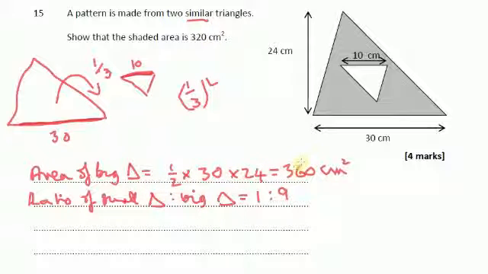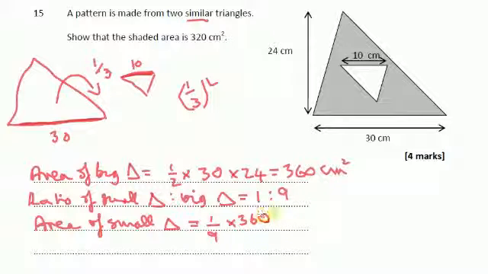So now we can get the area of the small one. It's going to be 1/9 of the area of the big triangle. So we've got 1/9 of 360, which is 40 square centimeters for the small white triangle.